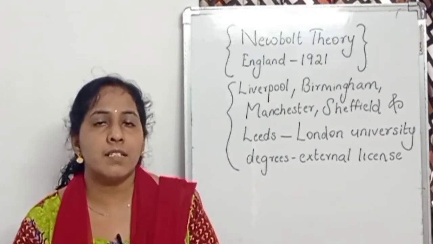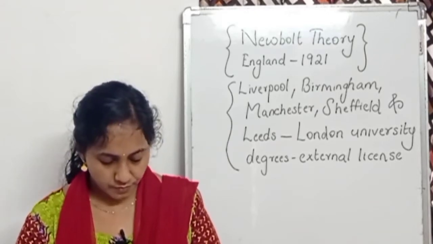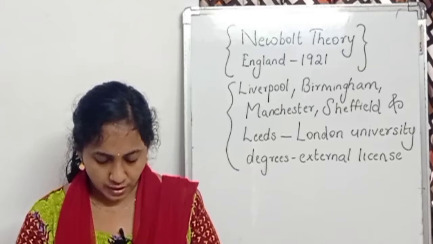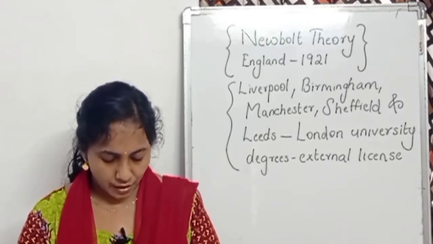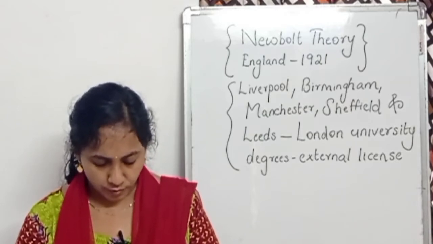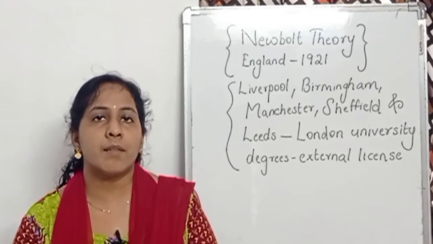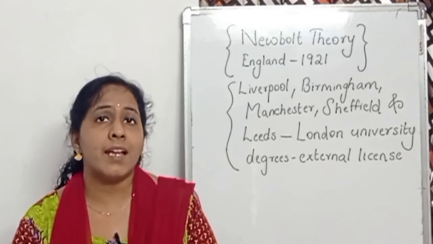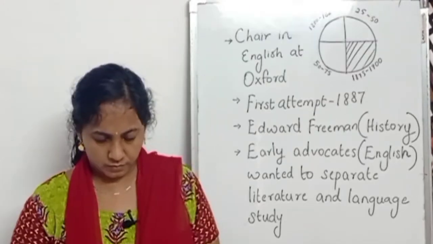They tried to gain some kind of autonomous functioning. There was a spread of the subject at the degree level, that is at the level of graduation. However, Oxford and Cambridge universities were suspicious of the new subject of English. As the subject of English developed, Oxford and Cambridge were suspicious of these developments.